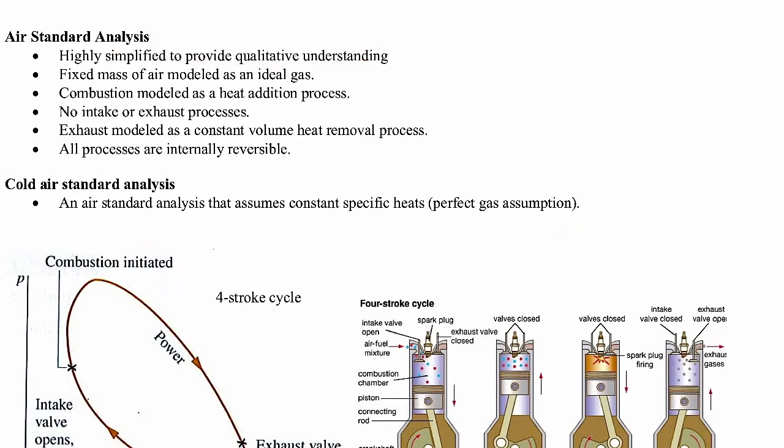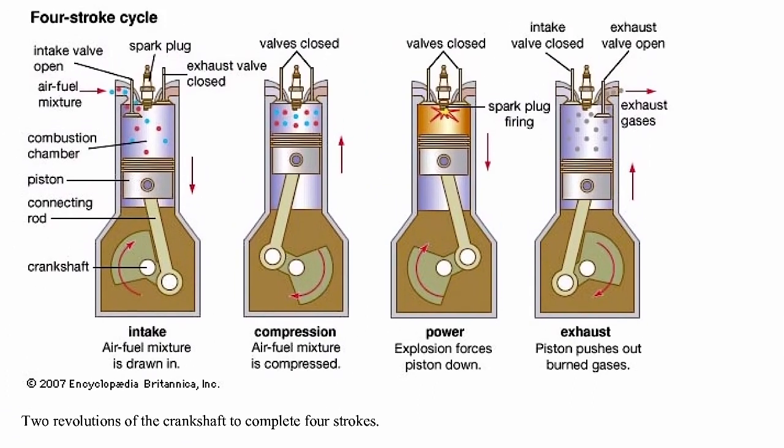The simplifications that we'll make will include having a fixed mass of air. So we're not going to model air coming in and air going out during the intake and exhaust processes. Instead, what we'll do is we'll close these valves. They'll be completely closed, and it'll always be the same quantity of air in the cylinder. So it's a system analysis, not a control volume analysis.